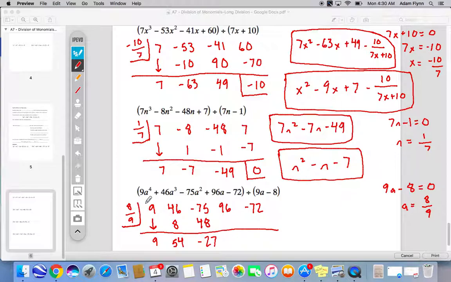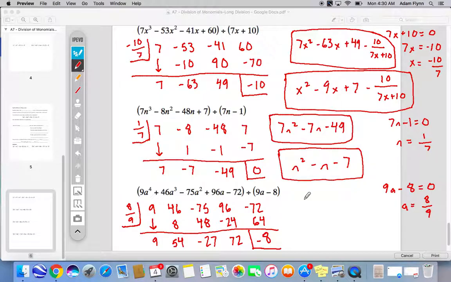Negative 27 times 8 over 9 would be negative 24. 96 minus 24 is 72. And then 72 times 8 over 9, which is 64. So negative 72 plus 64 would be negative 8.